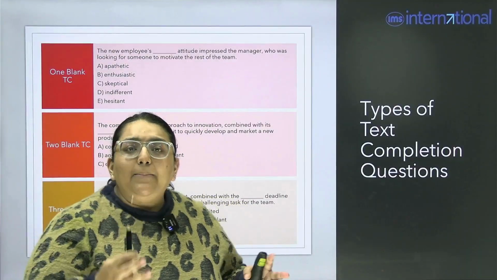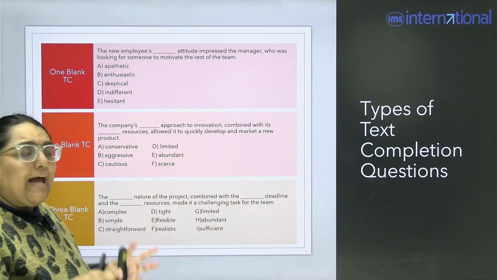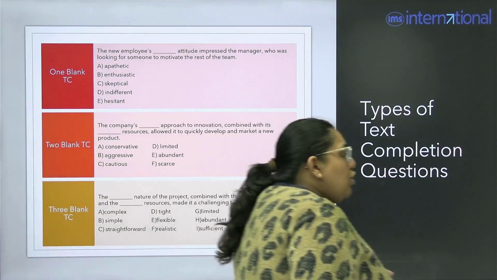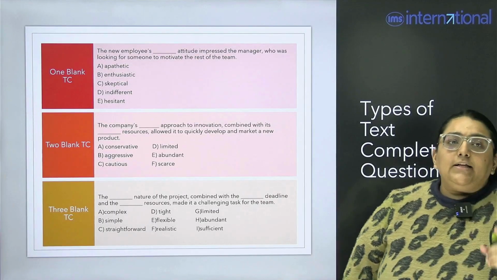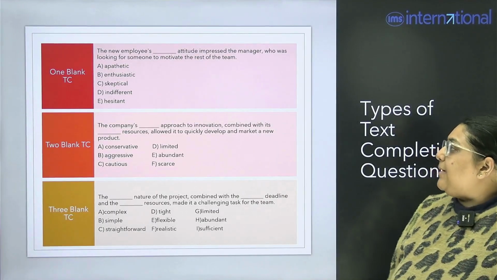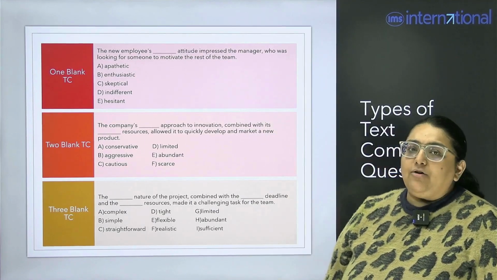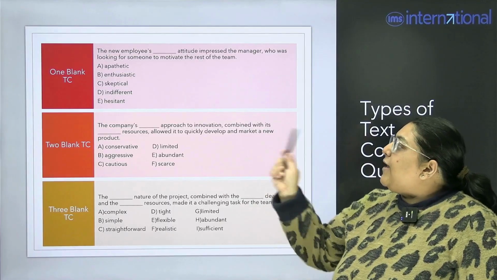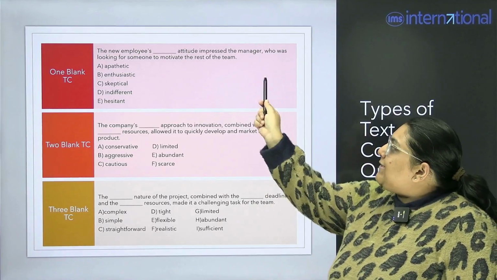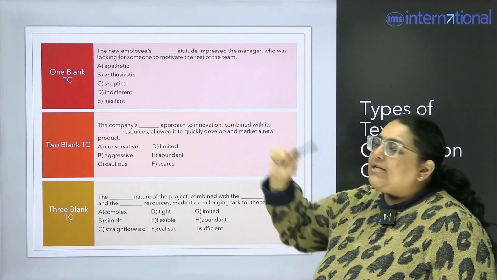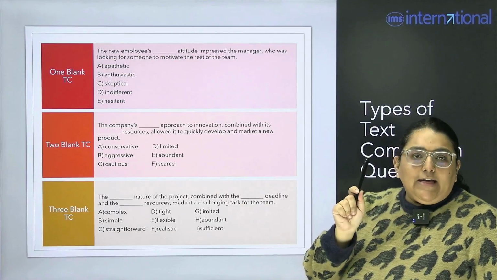A little bit more about the different types of text completion questions that we have. Like we were talking about, there are 3 types. 1 blank: you can see an example of a 1 blank question on my screen here. A 1 blank question will have 1 sentence with 1 blank and 5 options, out of which there will be only 1 correct answer.